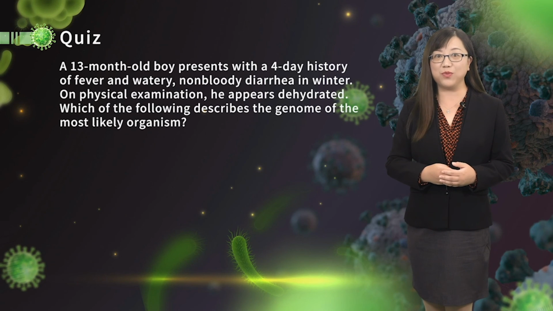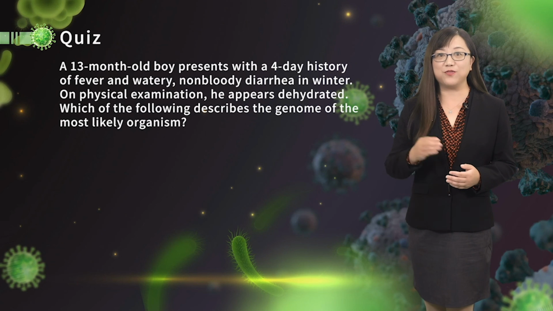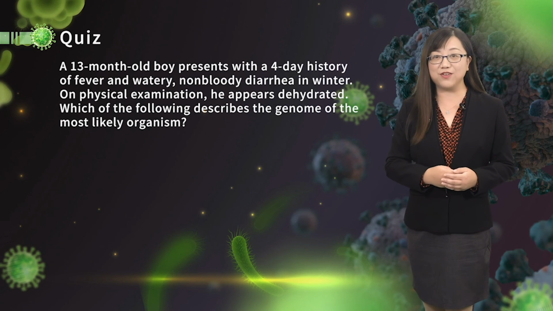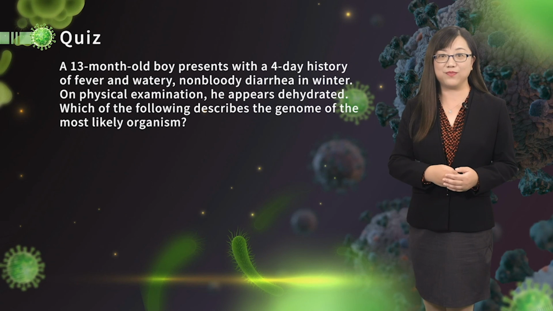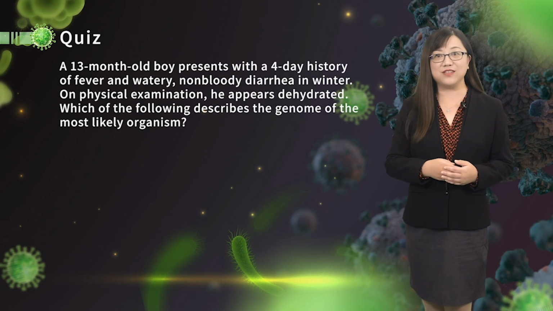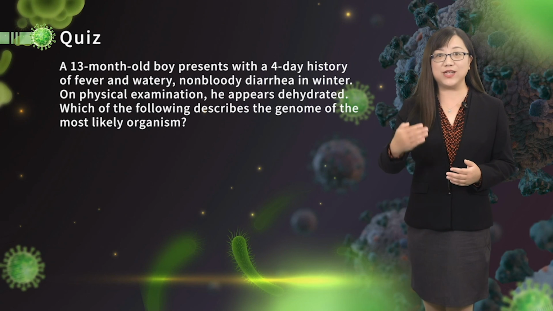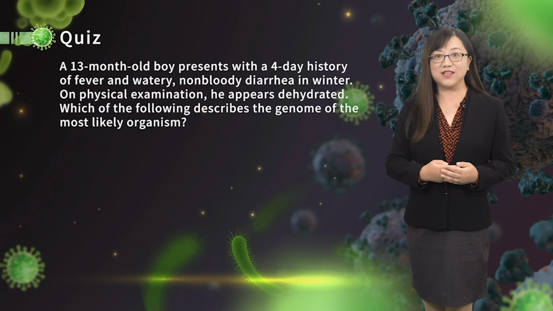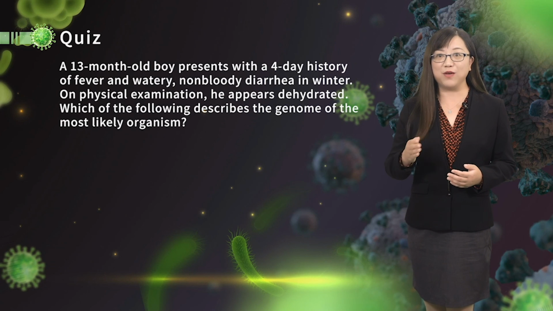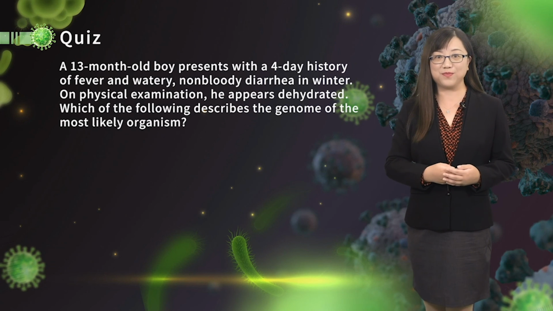Now, a quiz for you. A 13-month-old boy presents with a 4-day history of fever and watery non-bloody diarrhea in winter. On physical examination, he appears dehydrated. Which of the following describes the genome of the most likely organism?